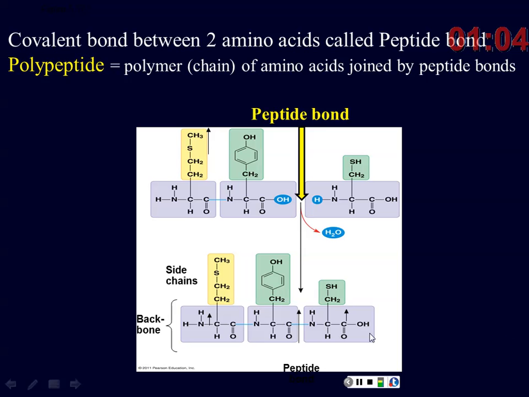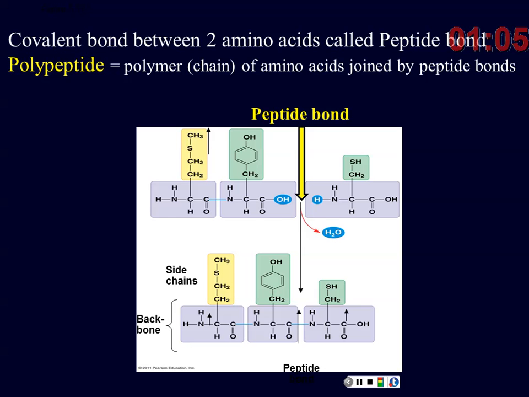As a matter of fact, lots of amino acids bonded together, we're going to call a polypeptide. Just like we called lots of monosaccharides bonded together a polysaccharide, we're going to call lots of amino acids bonded together a polypeptide.